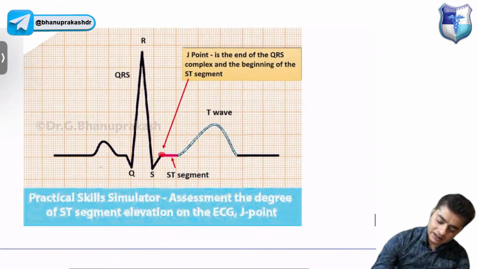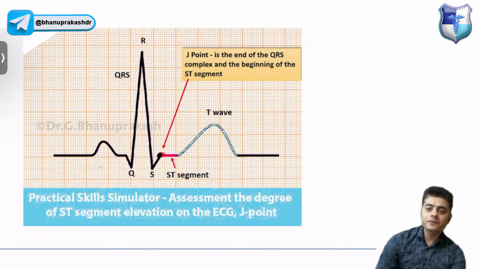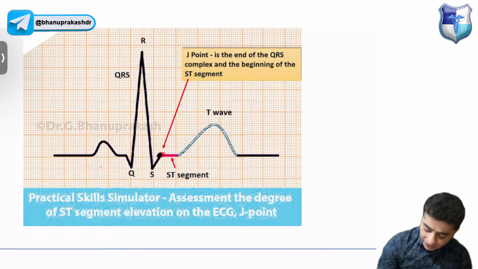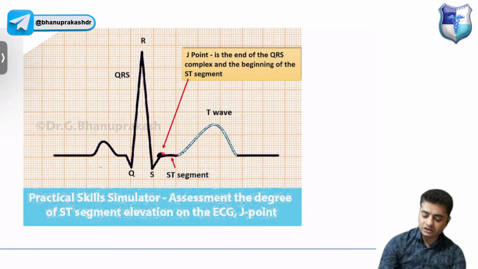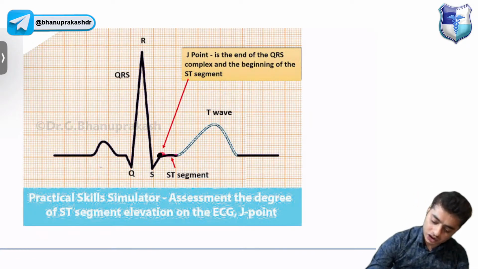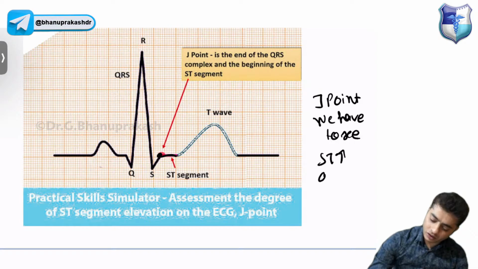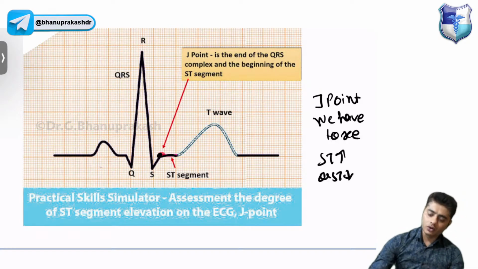So J point is the end of the QRS complex. So here your QRS complex is ending, and this end point is your J point. After that J point, the ST segment begins, and then there is the T wave. So for ST elevation or ST depression, we have to see this J point. Okay.